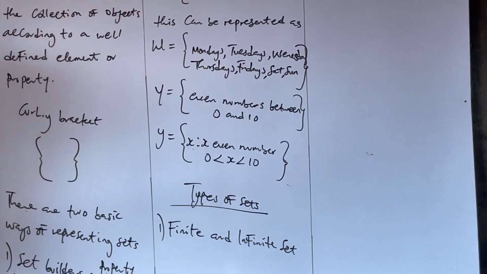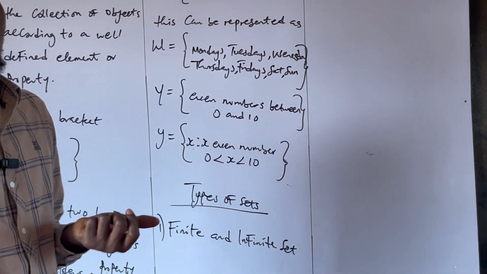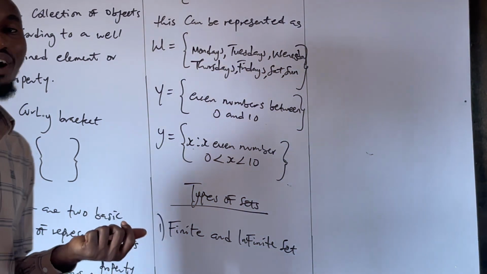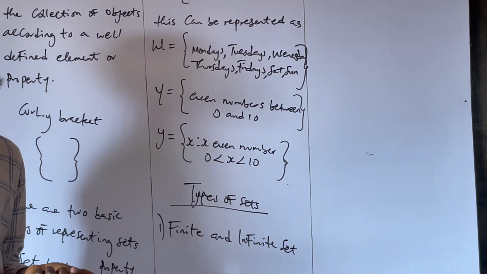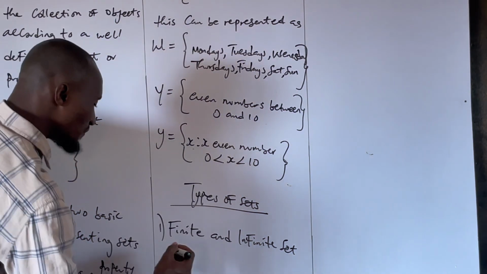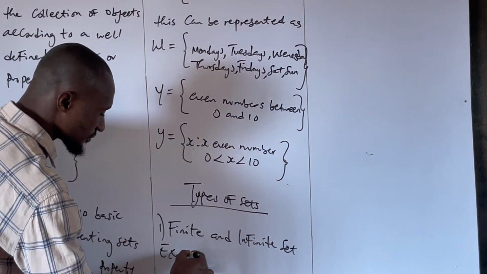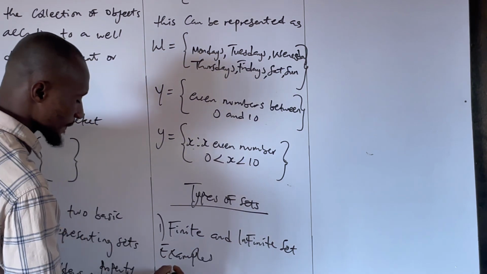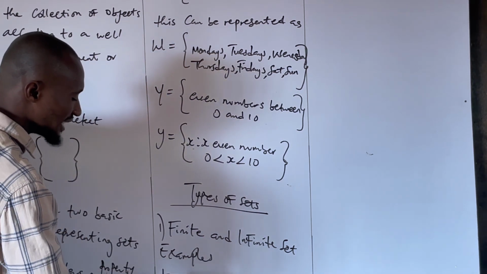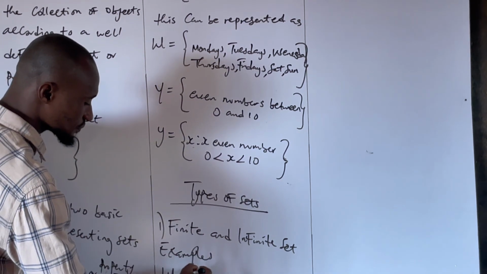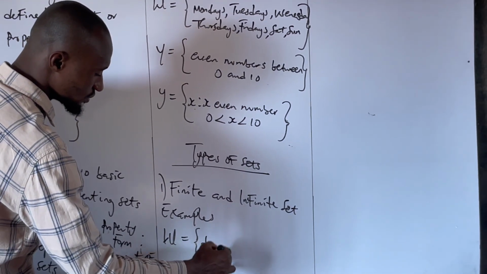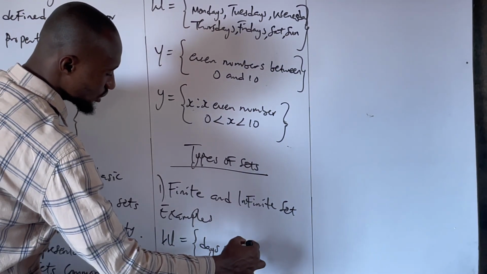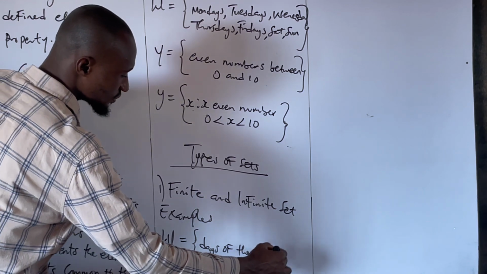We have days of the week. We have months, right? Good. So an example of a finite set: you say let W equal to days of the week.